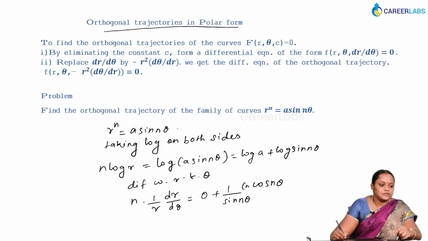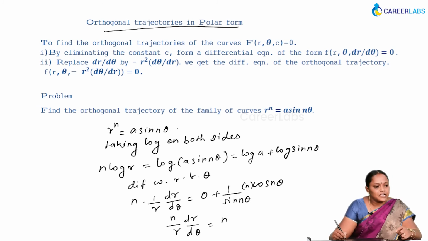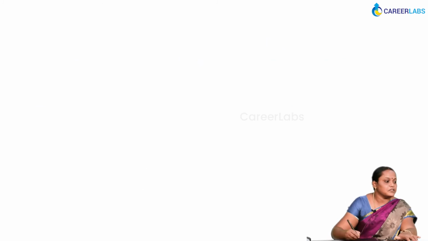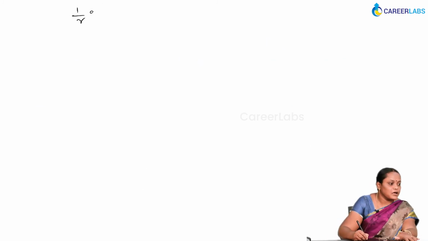So here n by r dr by d theta is equivalent to n into cos n theta by sin n theta, which I can write as cot n theta. Here also we have n, here also we have n, dividing by n, we get 1 by r dr by d theta is equal to cot n theta.